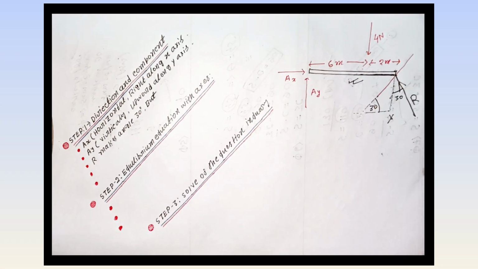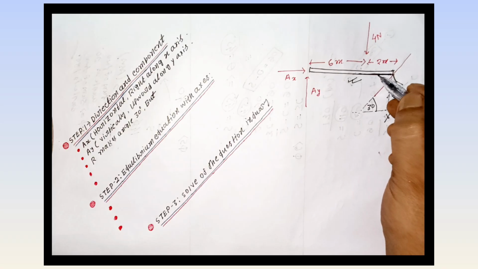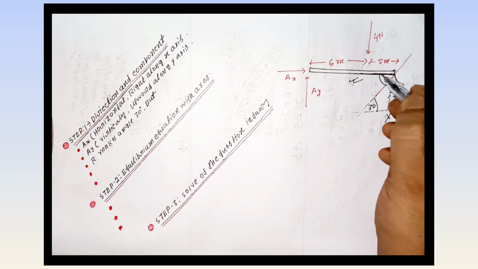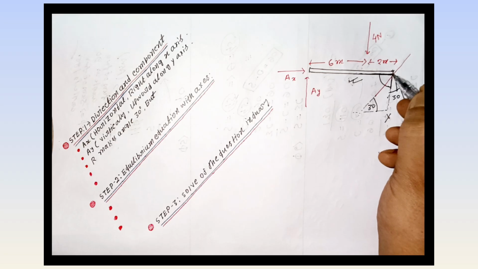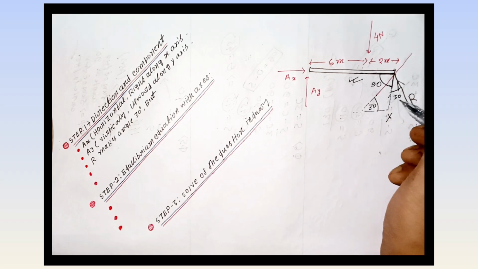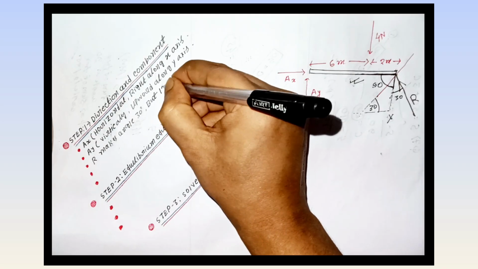Okay, this line to R, what is the angle? This is 30, and this is perpendicular, x axis and y axis are perpendicular, means 90 degree. Now tell me, 90 plus 30 is what? 120 degree.